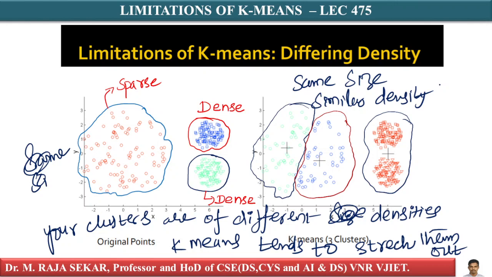So whenever you try initialization, it always tries to give a resulting cluster like this. K-means tends to fail, especially when you have clusters of different densities.